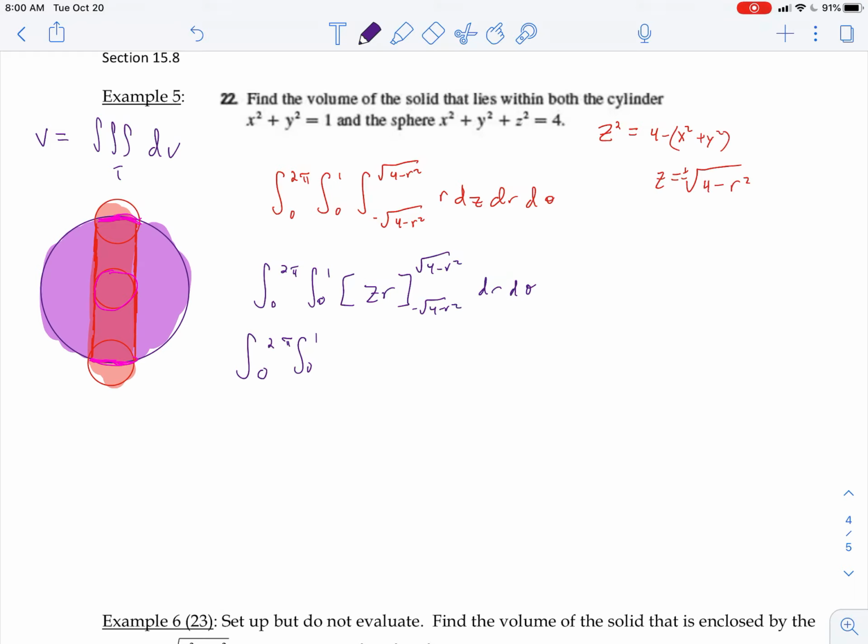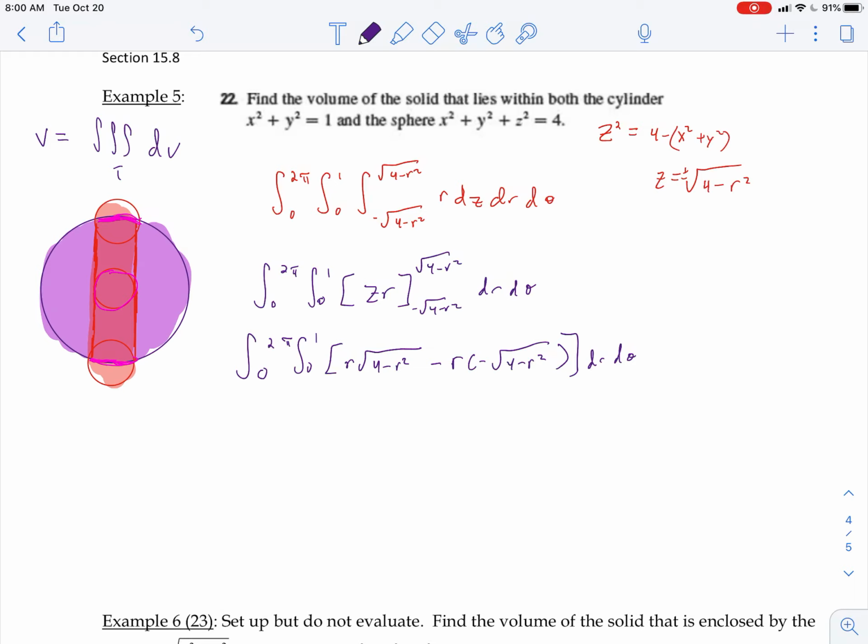And we're going to get the integral from 0 to 2 pi, 0 to 1. I'll just write it out, r times the square root of 4 minus r squared minus r times a negative square root of 4 minus r squared, dr d theta.